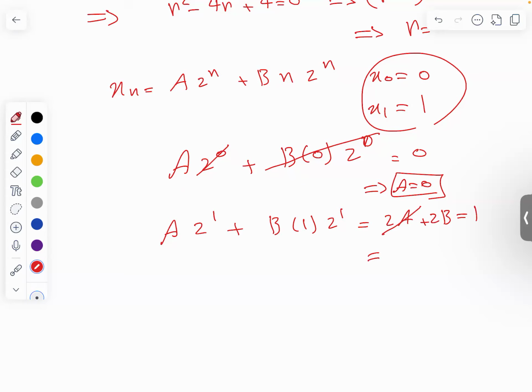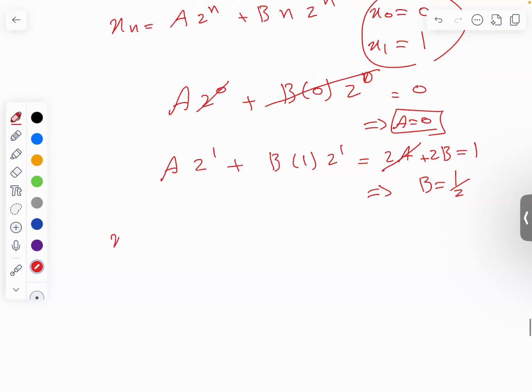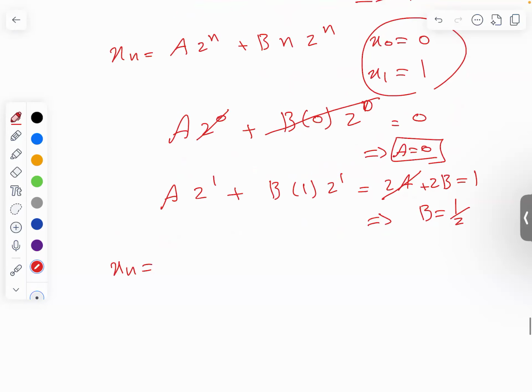A is 0. From here, B is half. So xn is equal to, I'm going to update my equation here, half times n times 2 power n.